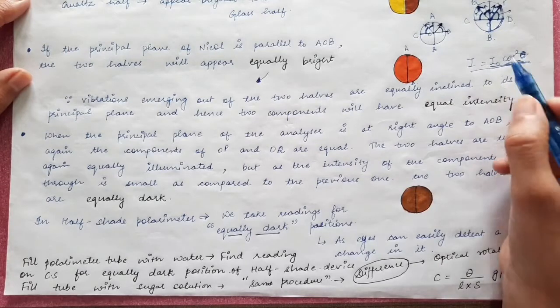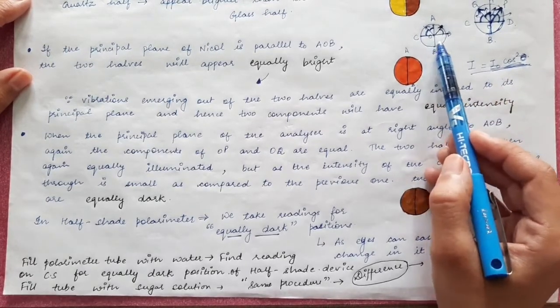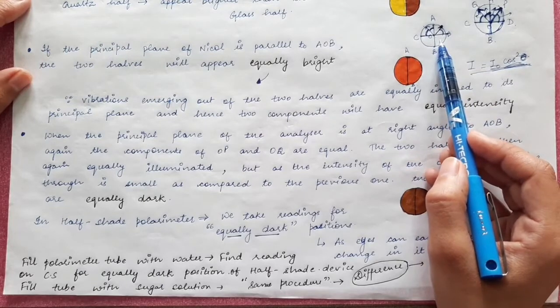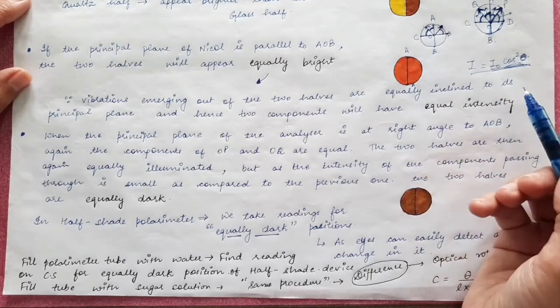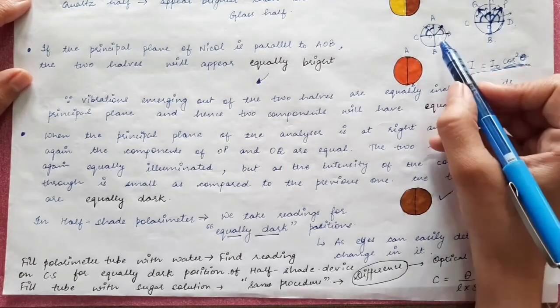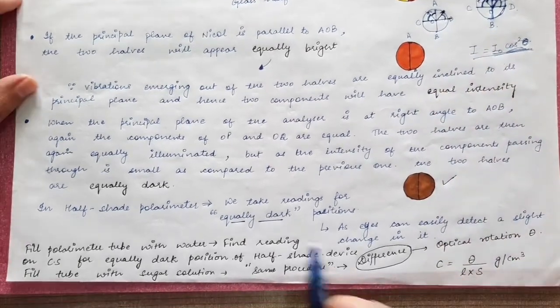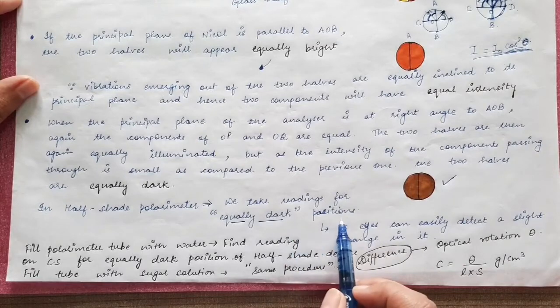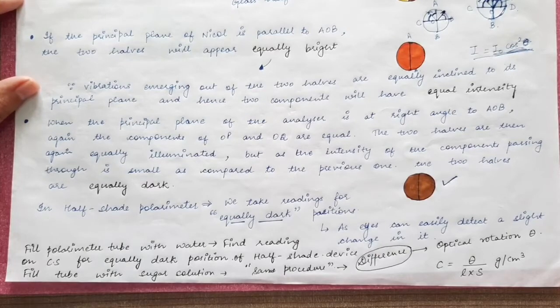As you are rotating, you look for the position when the two halves appear equally dark. In the case of the half shade polarimeter, we look for this condition, that is, when the principal section is parallel to COD. So we take the readings for the equally dark position. What is the procedure of finding the angle of rotation in the case of the half shade polarimeter?